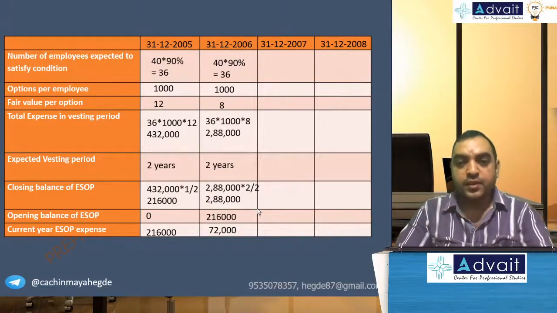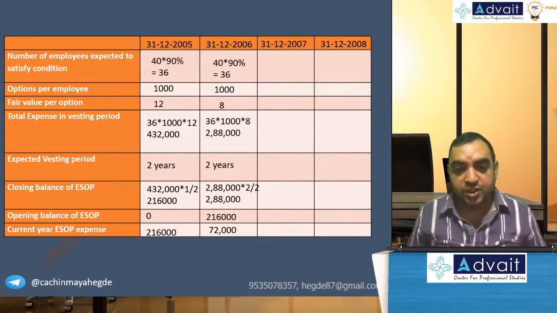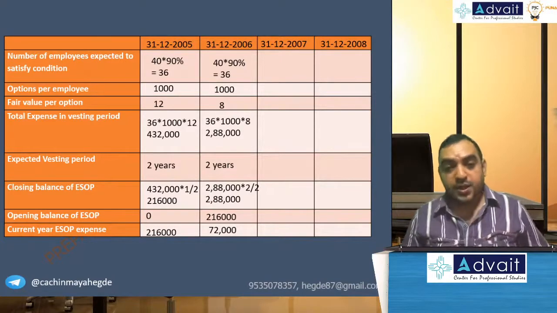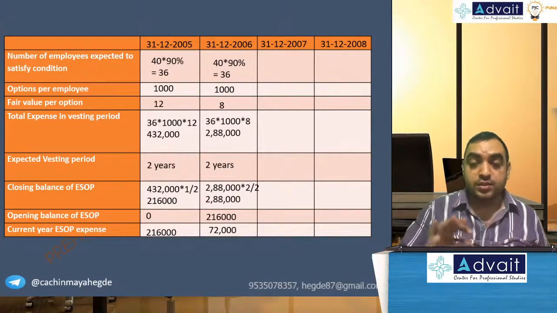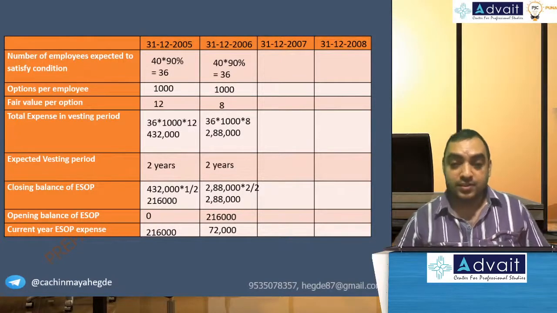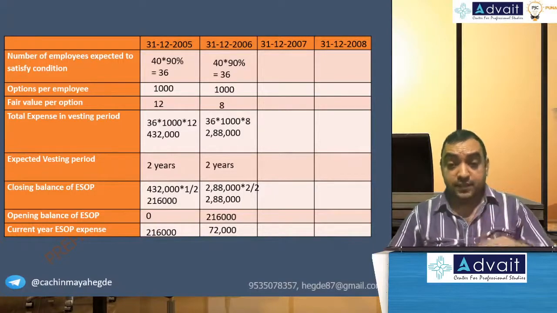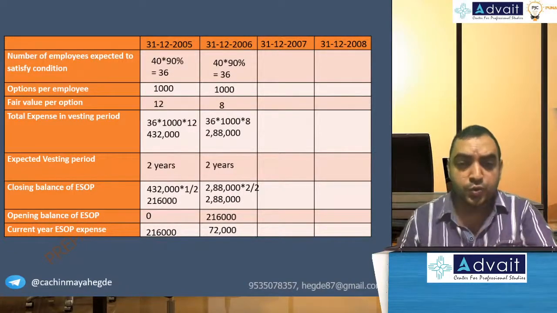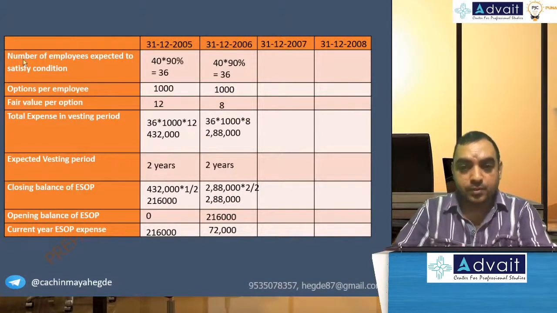That is what is going to happen next. What is the information given? 6 employees exercise their options, and the remaining 30 employees exercise their options at the end of 2008. So in December 2007, 6 employees exercised, and at the end of 2008, the remaining employees also exercised.